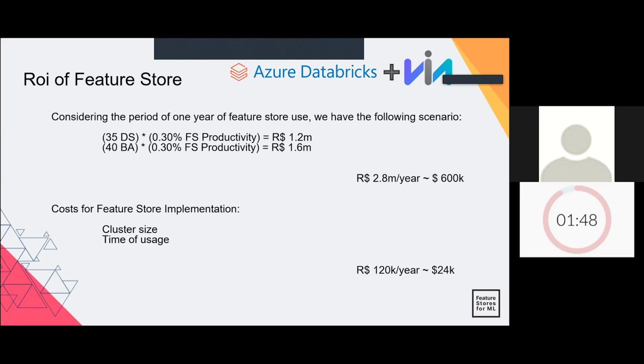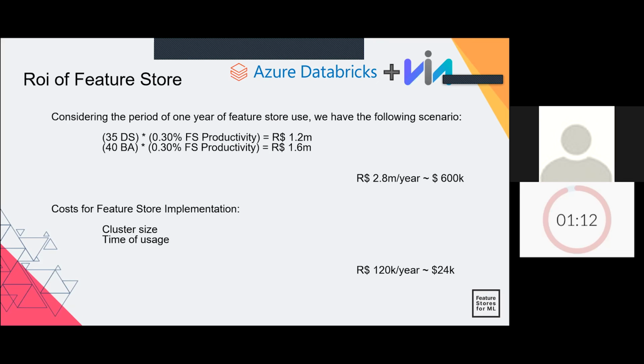So in this scenario here at VIA, considering that we have 35 data scientists with an increment of productivity enabled by feature store of 30%, as I pointed out before, we have in a year 1.2 million reais, which is, I don't know in dollars, but it's like $200,000, something like this, of return over a year.